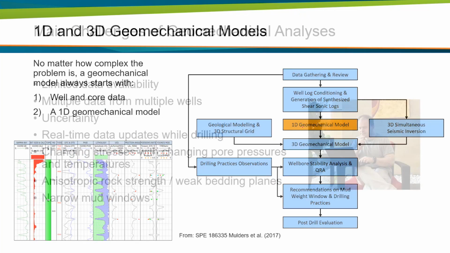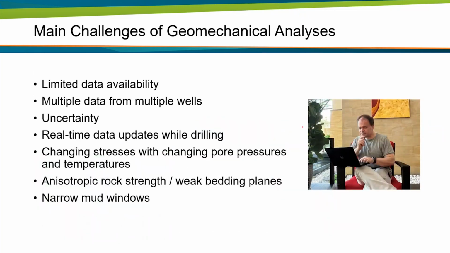All right, now some challenges you face when building such a 1D geomechanical model. One of the main challenges, I think, in geomechanics is the limited data availability, like core data. UCS core data are usually not abundantly available, or sometimes not available at all.